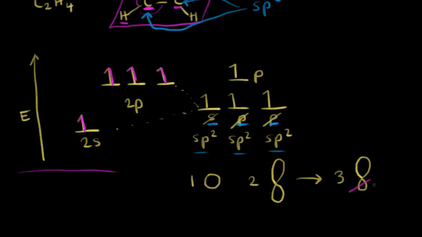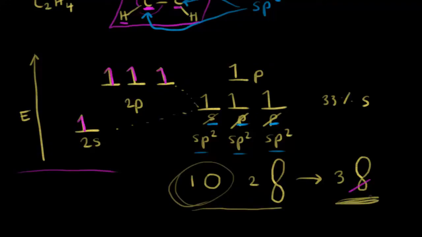In terms of what percentage character, we have 3 orbitals that we're taking here, and one of them is an s orbital. So 1 out of 3 gives us 33% s character in our new hybrid sp² orbital. And then we have 2 p orbitals, right? So 2 out of 3 gives us 67% p character. So 33% s character and 67% p character.